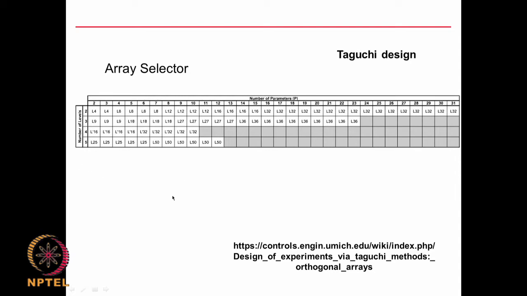You have tables for L4, L8. Suppose I have 2 or 3 parameters, I can use the L4 table. If I have 4, 5, 6 or even 7 parameters, I can use the L8 table. And if I have 8, 9, 10, 11 parameters, I can use the L12 table and so on actually.